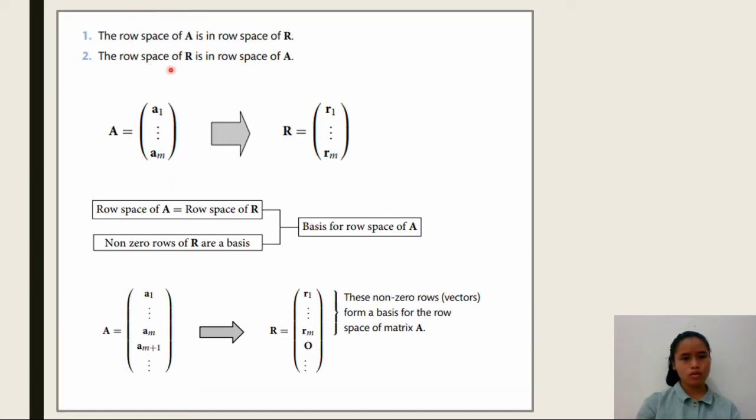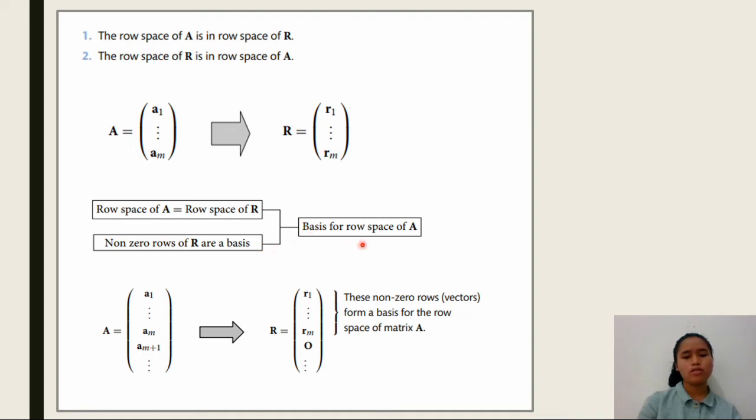So the row space of A is in the row space of R, and the row space of R is in the row space of A, right? So the row space of A equals the row space of R. So the non-zero rows of R are a basis.